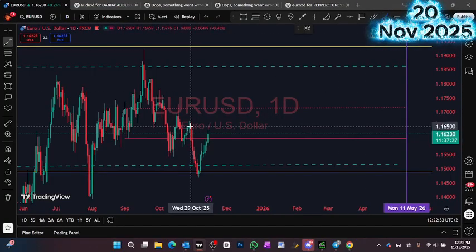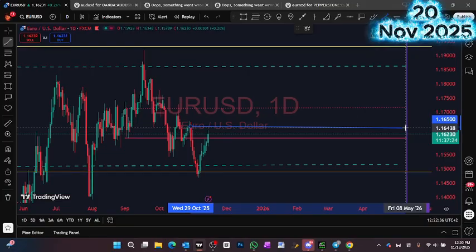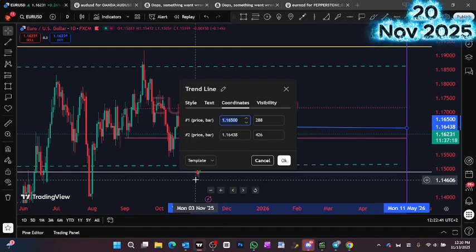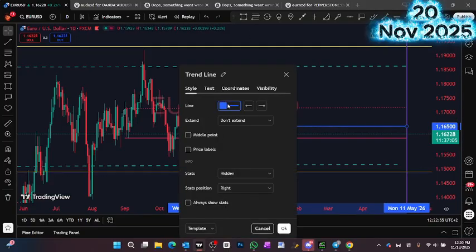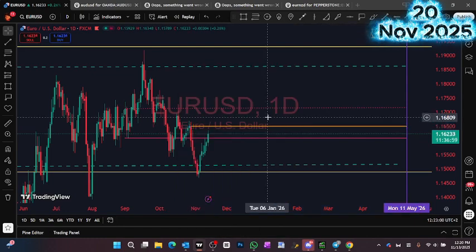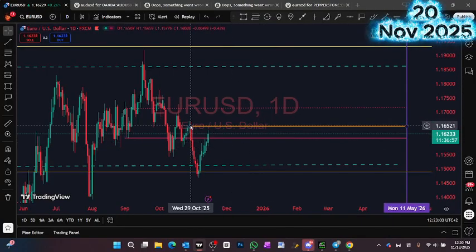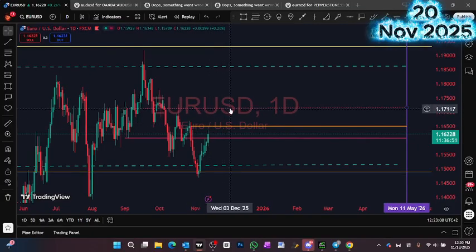Let's put it here. So if it does get there, it's still within the 50% of the monthly OP and the start of the OP.